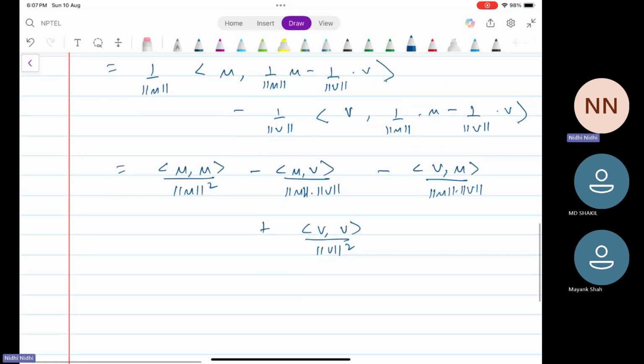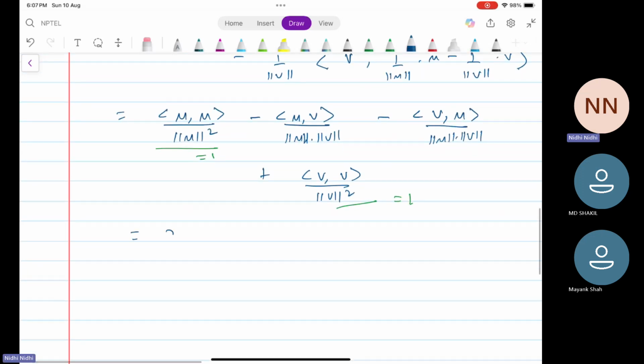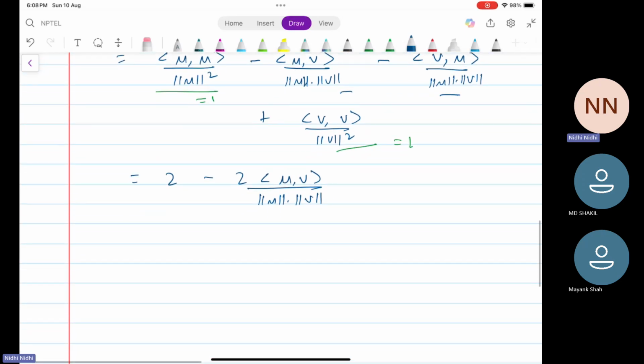So this is equal to 1, and this is also equal to 1. And this is equal to 2 minus 2 times, since we have the symmetry, these both terms are the same, so 2 times the inner product of u, v by norm u norm v. Till here, I think it was clear from the proof that was provided.